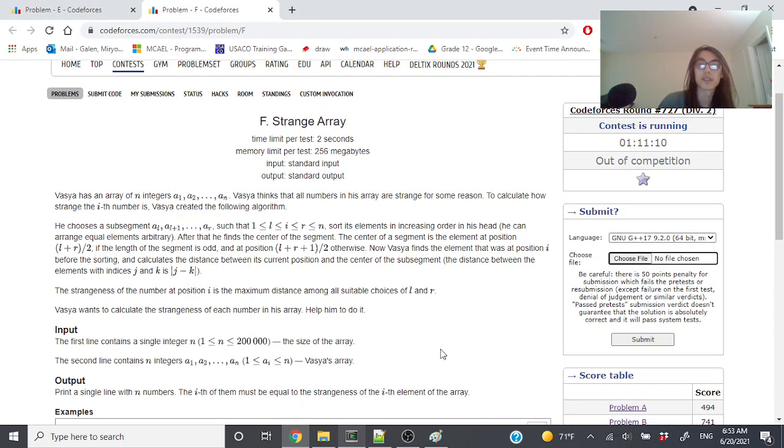There's an array of integers. Thinks all the numbers in the array are strange. Choose a subsegment. Sort its elements in increasing order. Finds the center of a segment. Okay. Center of a segment.